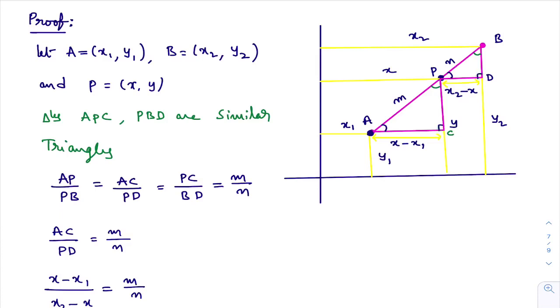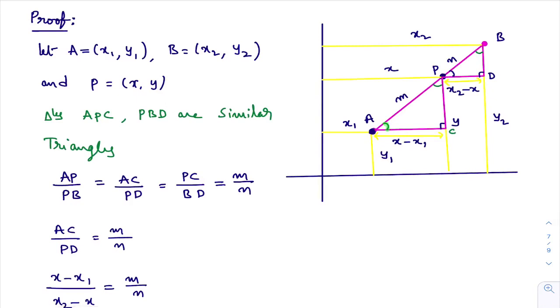Okay. Now, you observe this angle and this angle. You see, this line and this line are parallel. As these two lines are parallel, this line acts as a transversal. In a transversal, we know corresponding angles are equal. I hope you are understanding.